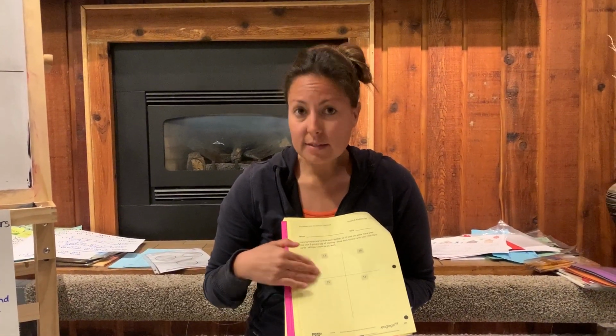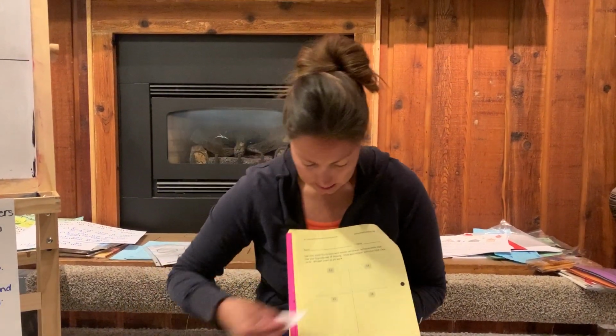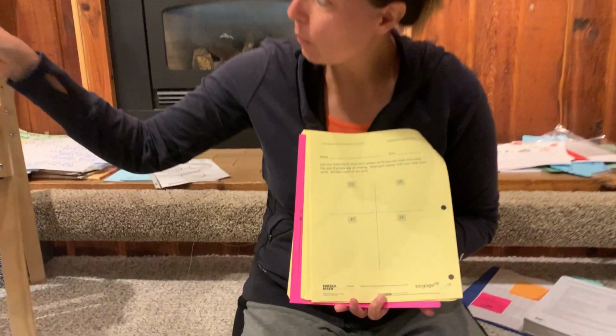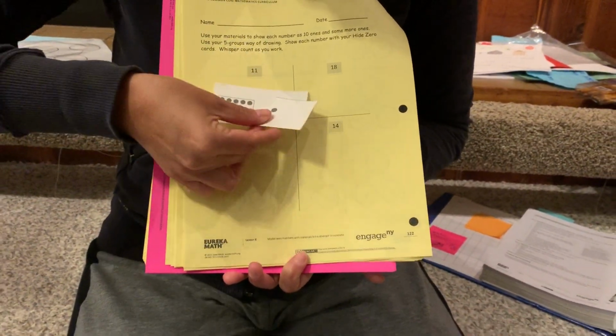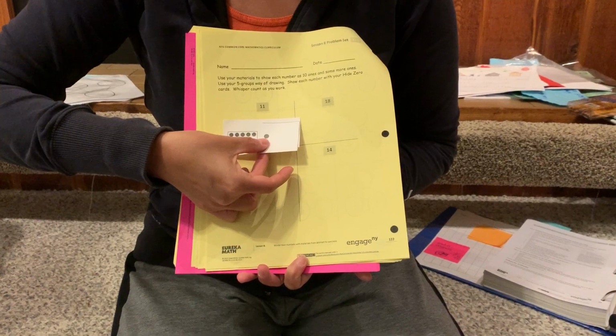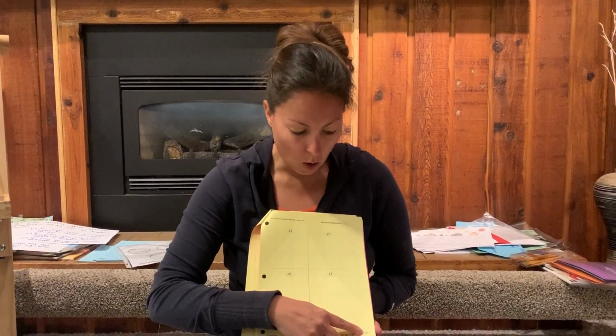If you get stuck, I want you to pull out your materials and look, especially for this first one. I just did that one on the example on the board. Pull these cards out. You need to have a group of 10 and then 1 dot. So please make sure you're drawing your pictures to match these numbers. So again, page 122, pancake, flip it over, and you're going to do also page 123 for your math lesson today.